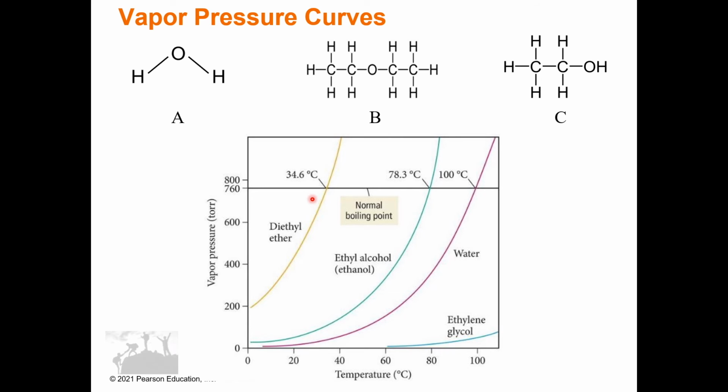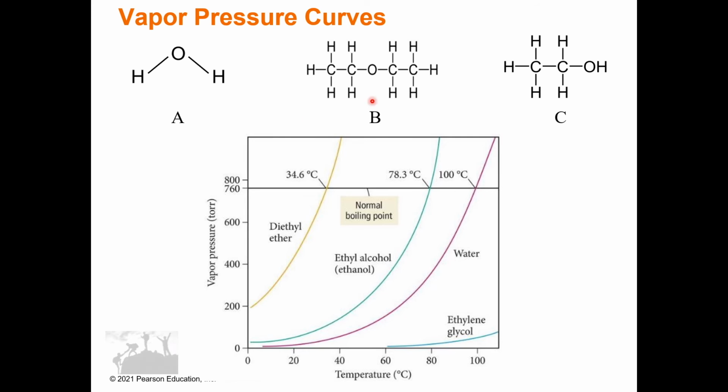So for diethyl ether, it has the lowest boiling point of 34.6 degrees Celsius. So this should tell us that it should exhibit weak intermolecular forces. Water has the highest at 100 degrees Celsius, so it should exhibit the strongest type of intermolecular force.